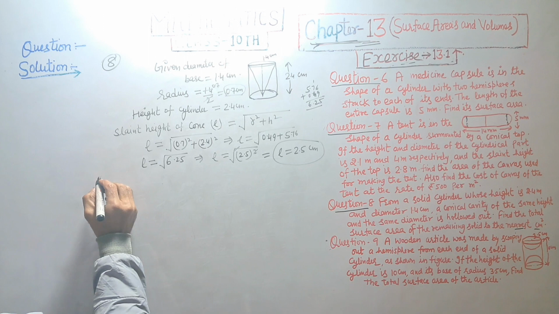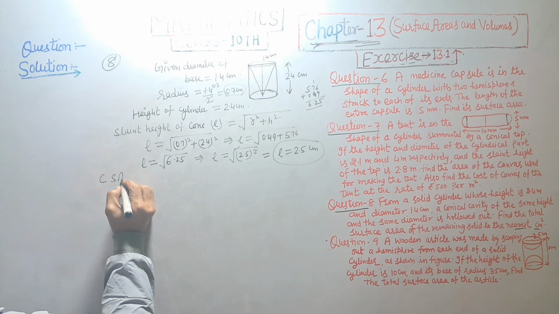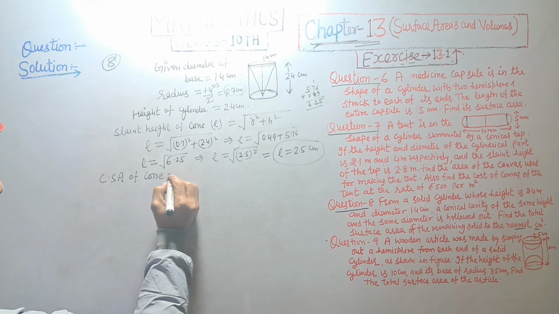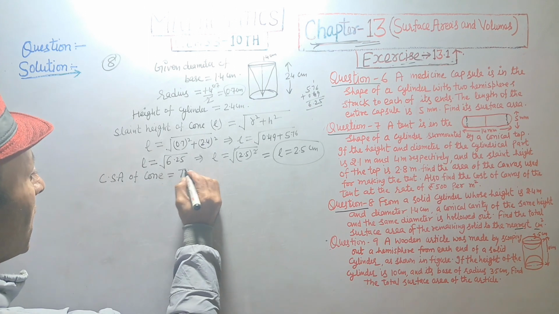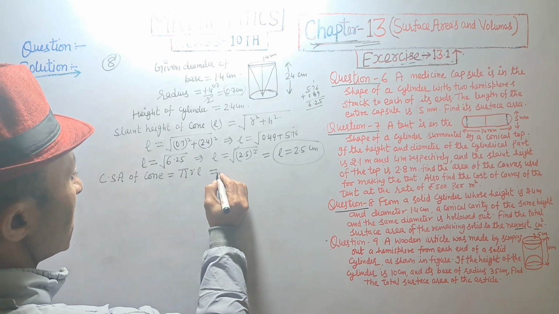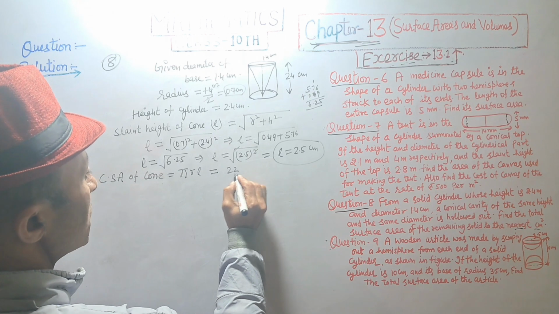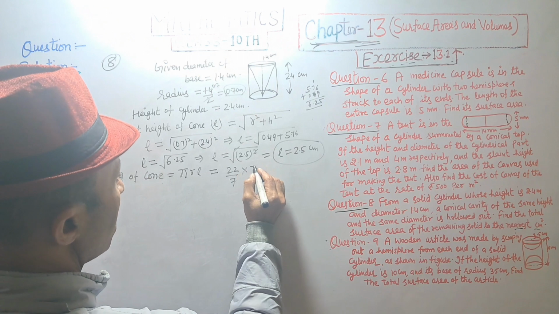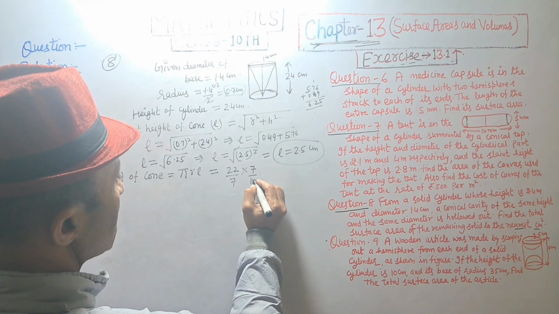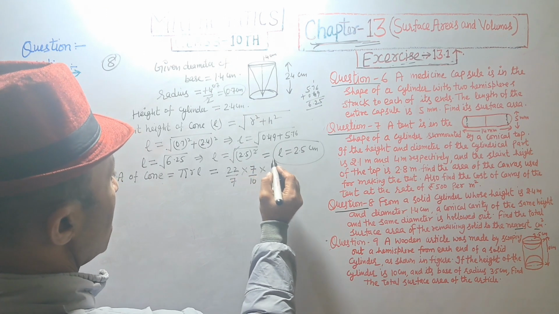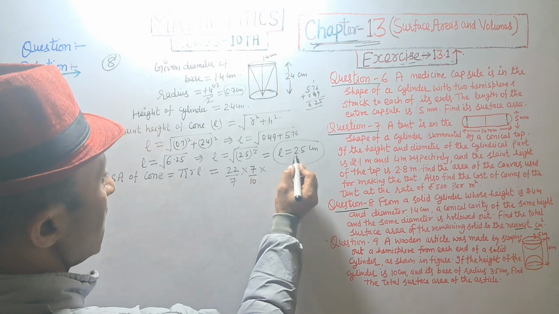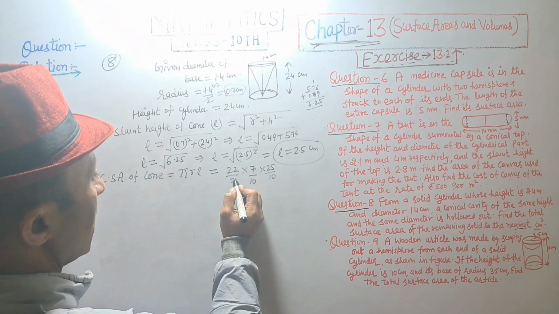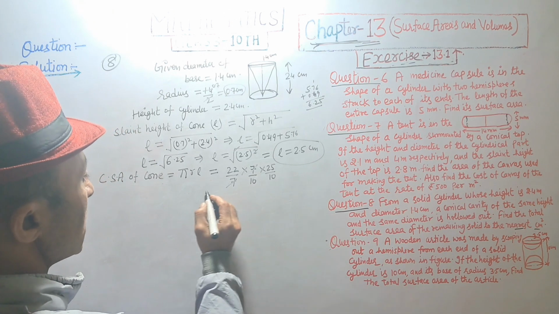And curved surface area of cone is equal to pi r l, that is equal to pi is 22 upon 7 into radius we have 0.7, that is 7 upon 10, into l is equal to 2.5, 25 upon 10. 7 7 is cancelled.